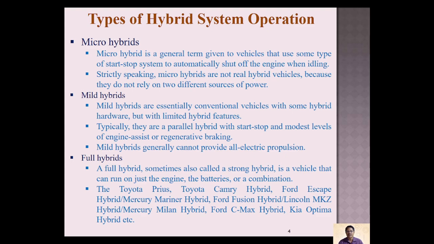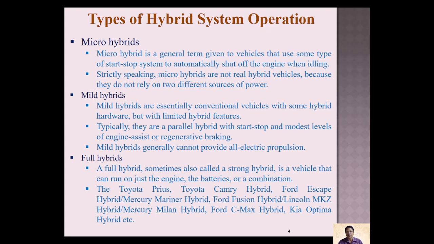Next is the mild hybrid. Mild hybrids have a motor, but with limited power. It can assist the IC engine to propel the vehicle, or during acceleration it can work along with the IC engine so that more power will be delivered.